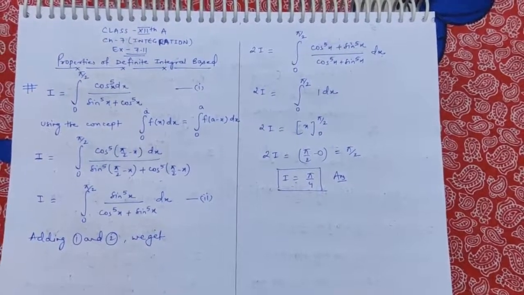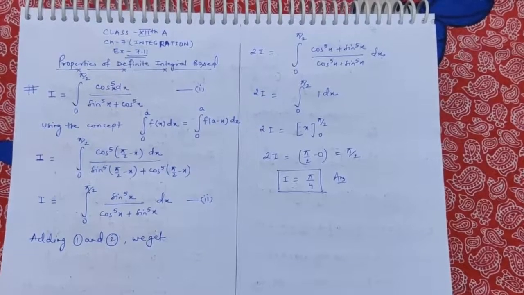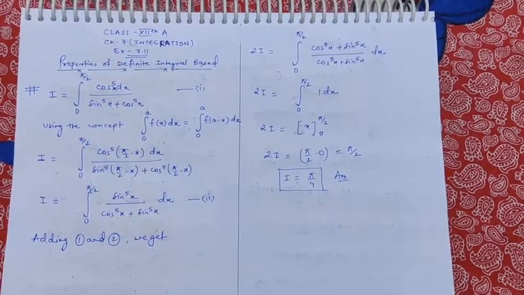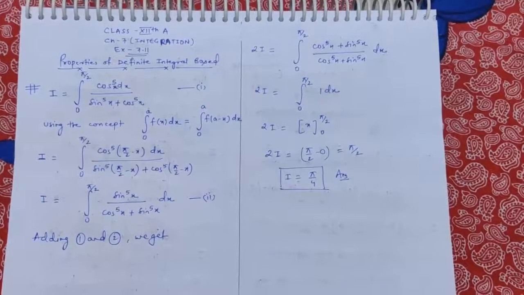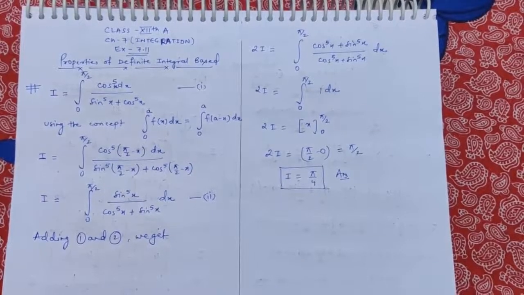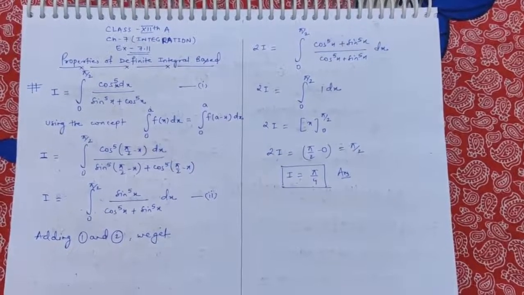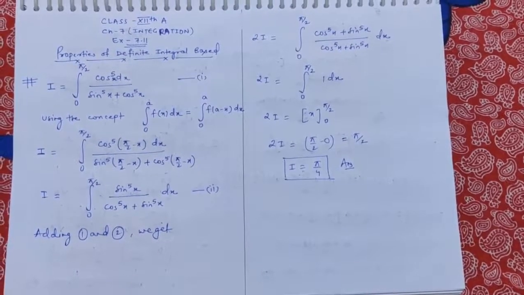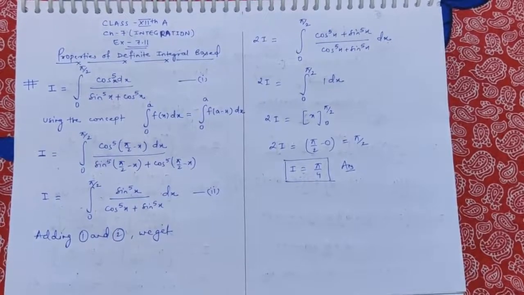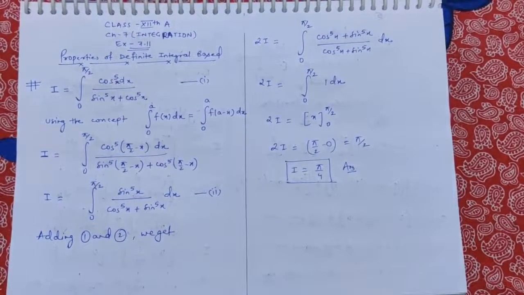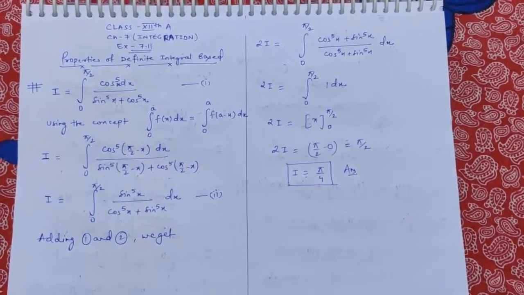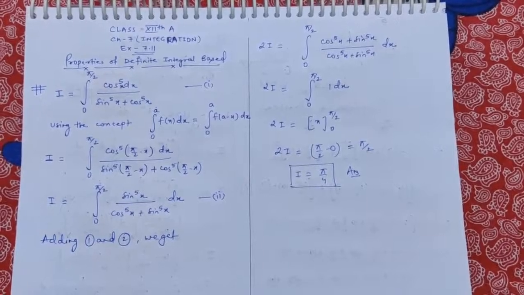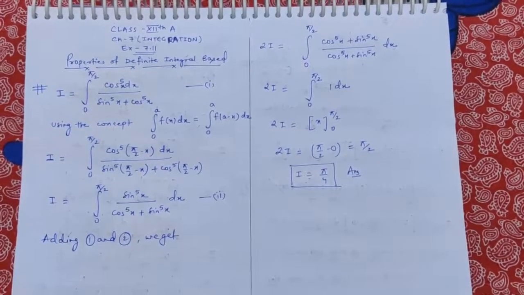Now I is equal to 0 to pi by 2 cos raised to the power 5 of pi by 2 minus x dx upon sine raised to the power 5 of pi by 2 minus x plus cos raised to the power 5 of pi by 2 minus x, which gives us I is equal to 0 to pi by 2 sine to the power 5x, because cos 90 minus theta gives us sine theta, and similarly sine 90 minus theta gives us cos theta.